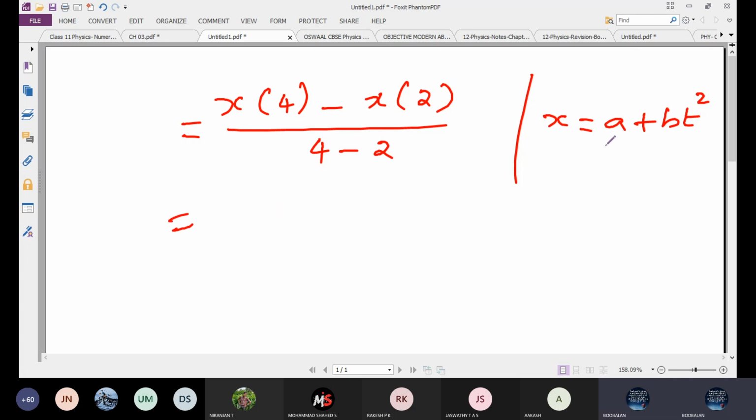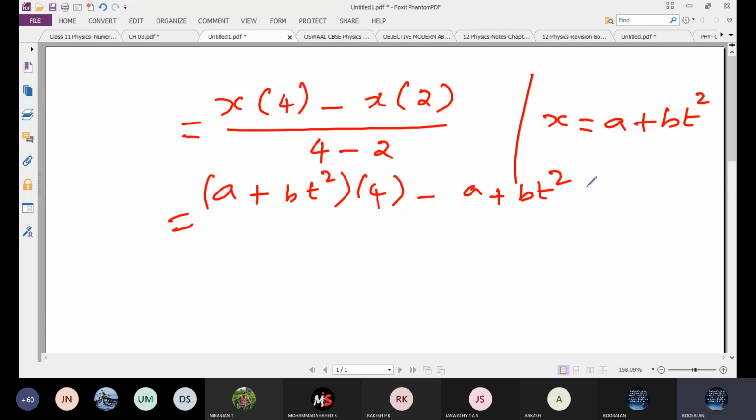Apply the values instead of x, you will get a plus b t square into 4 minus a plus b t square into 2, divided by 4 minus 2.